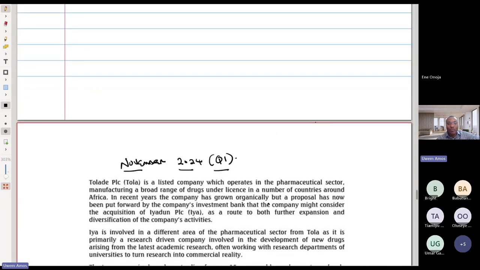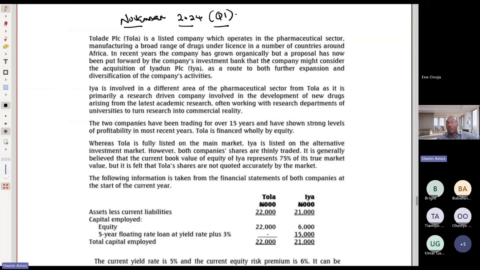All right, so here is our question. It's November 2024, in case you want to have a look at that. It says, Tolade Plc is a listed company which operates in the pharmaceutical sector, manufacturing a broad range of drugs under license in a number of countries around Africa.